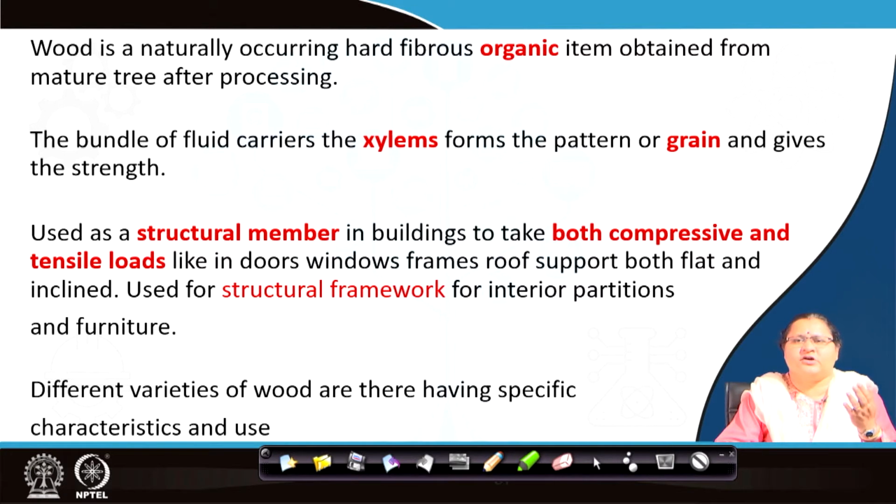There are lots of carriers of water, bundles going from the root, transporting water and minerals to the leaves. As you all know, these are called xylems. Xylems and phloems form the conducting system of a live tree, and these are fibrous.